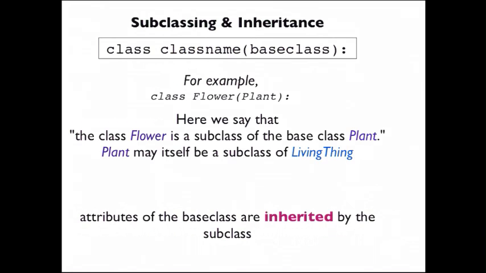Attributes of the base class are what's called inherited by the subclass. So if I create an underscore string method for the plant class, and I don't actually create an underscore string method for the flower class, then whenever I print out an instance of type flower, I will basically use the string method of the plant.